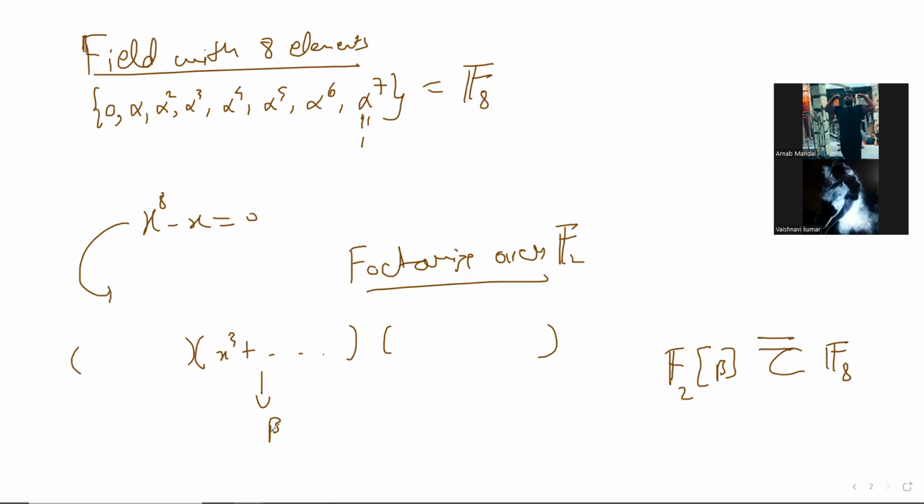This is your alpha. Because this generates f8, if you take the powers of beta, you shall get everything in f8.